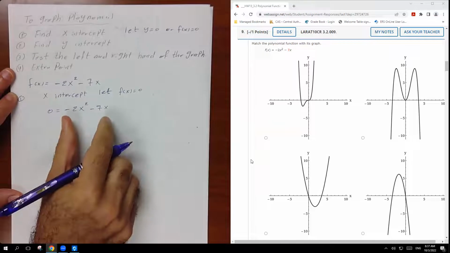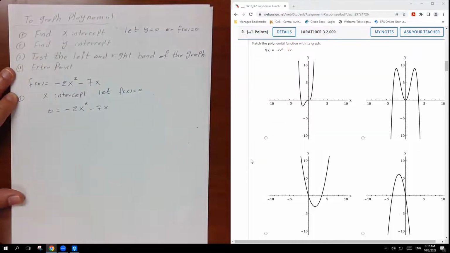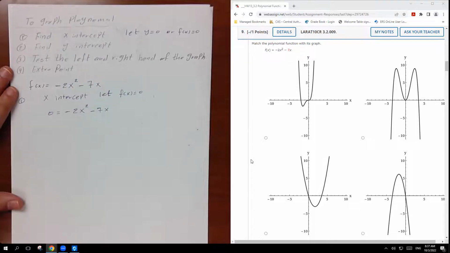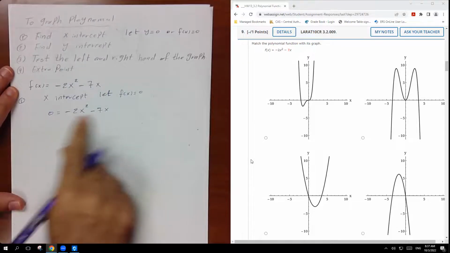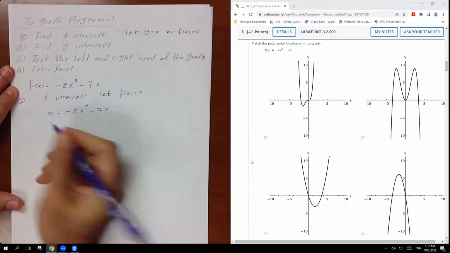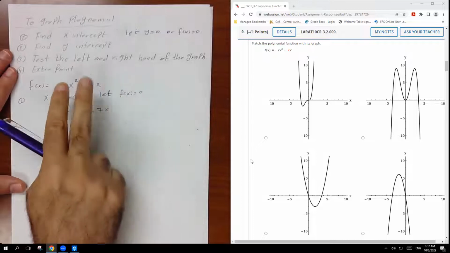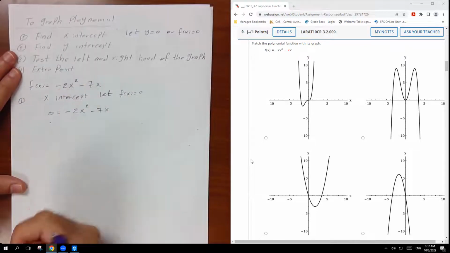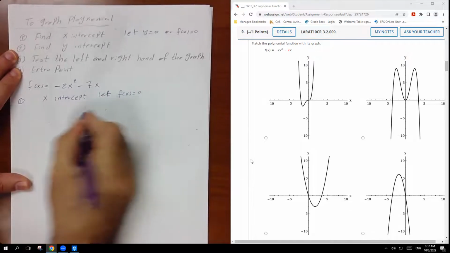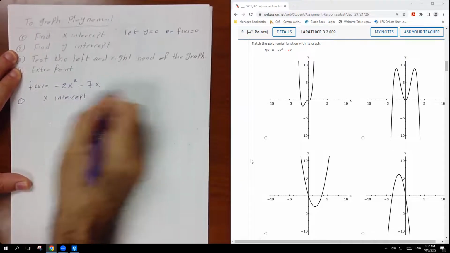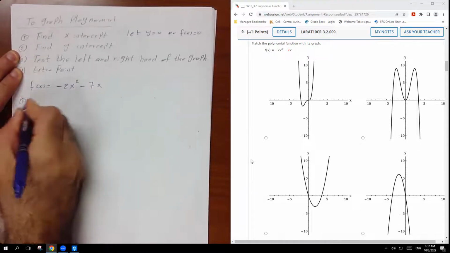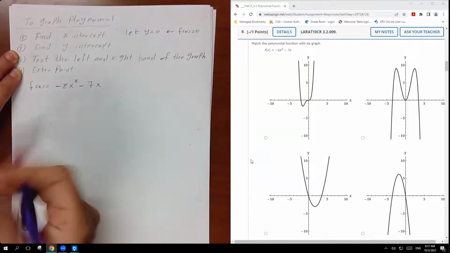Now I'm going to work on this side, because I need to find the x-intercept, which at the same time gives the factors of the polynomial. If you want to, you can factor the polynomial at the beginning. It's going to be easier for you. Before finding the x-intercept, let's find the zeros. That means I need to factor the polynomial.